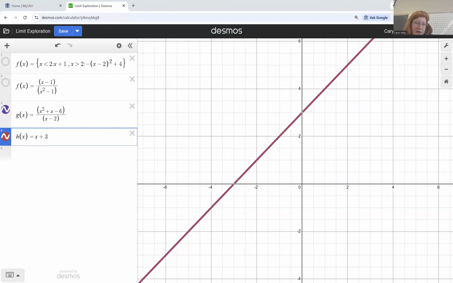Suppose I see the limit as x goes to 0 of 1 over 3 plus x minus 1 over 3, all over x. What happens if I plug in 0?